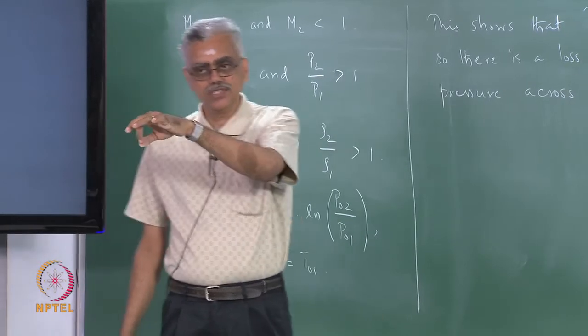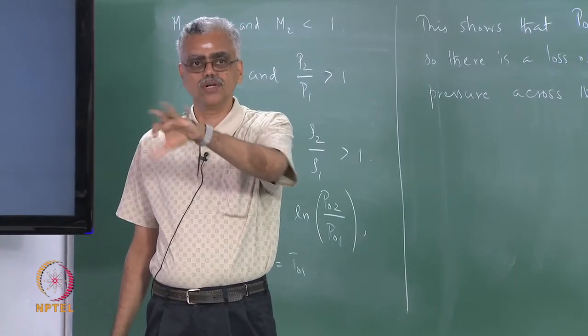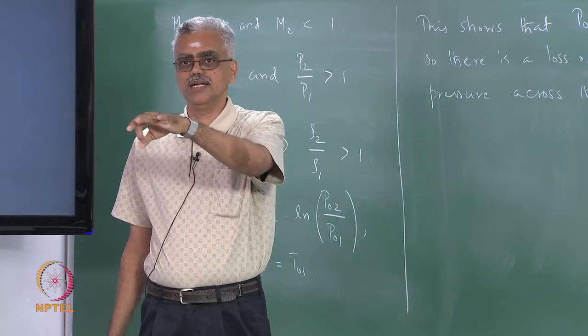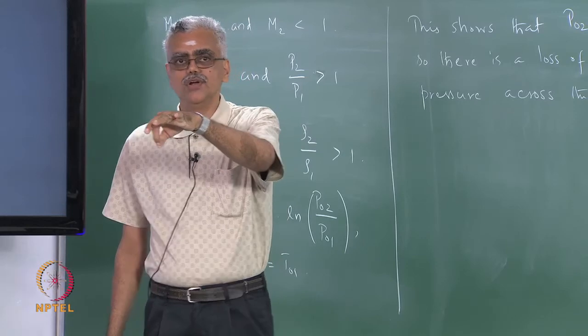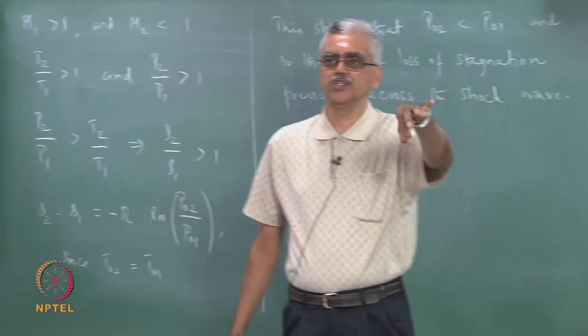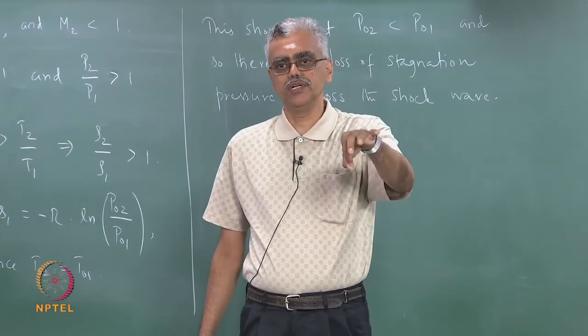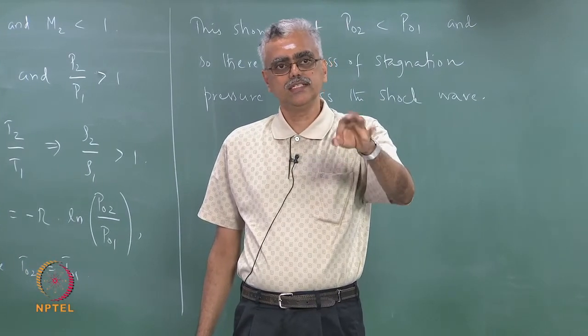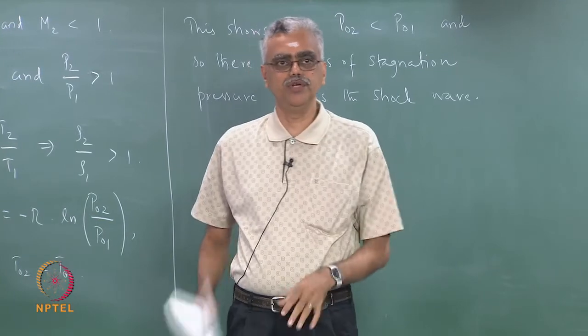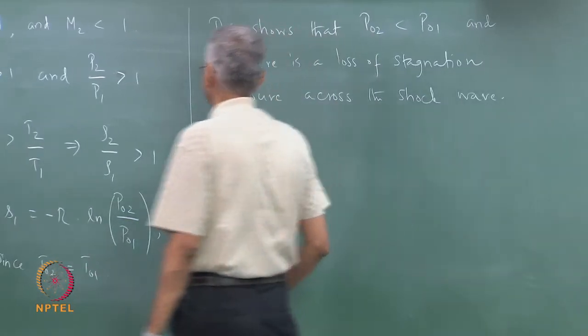Similarly, if I measure the static temperature, if you ignore convection effects, it does not matter whether I am standing and measuring the static temperature or whether I am moving along with the wave and measuring the static temperature. So, static quantities are frame independent, whereas stagnation quantities are not frame independent. That is a very important point. So, you must bear that in mind.